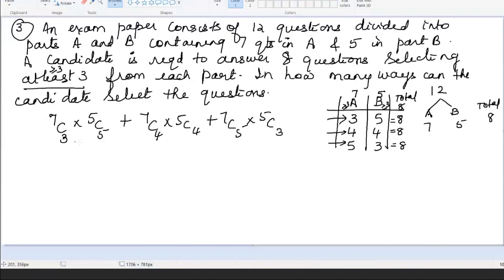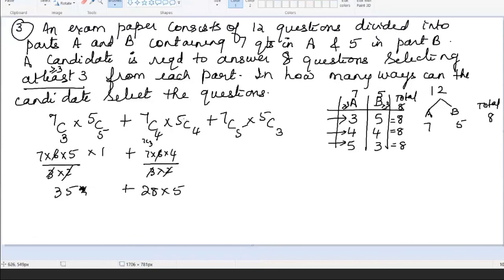So here 7C3, how to find? 7 into 6 into 5 by 3 into 2. So I'm getting 35 here. So 35 into 1, this is 1, no? So therefore I'm getting 35. Plus 7C4 is also equal to 7C3, so what is my answer? 7 into 6 into 5 by 3 into 2, so I'm getting 35 here, so it is plus 35 into 5C4, which is 5.